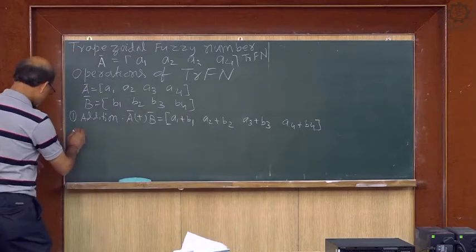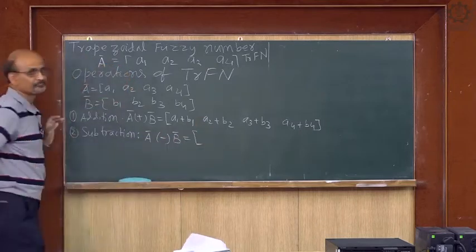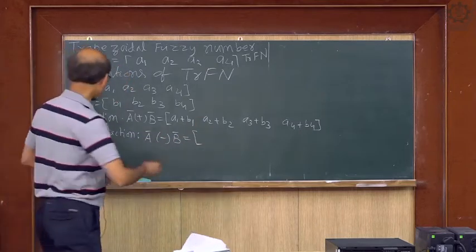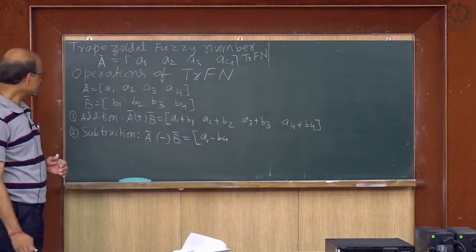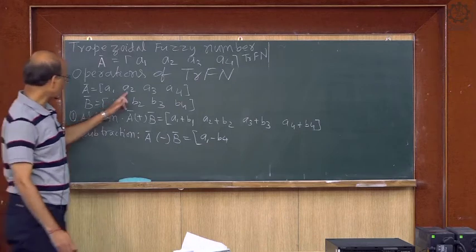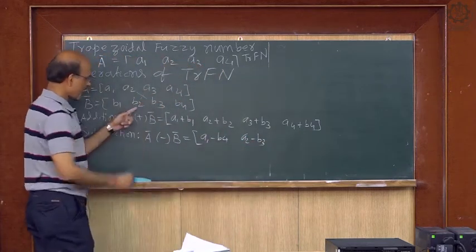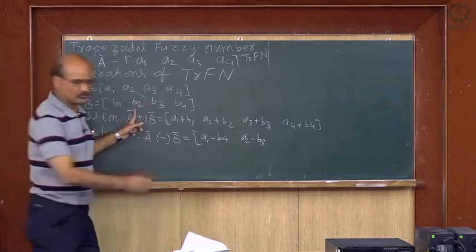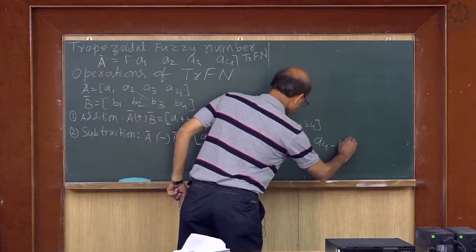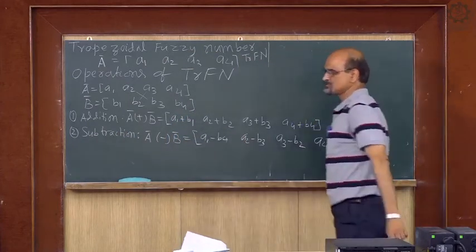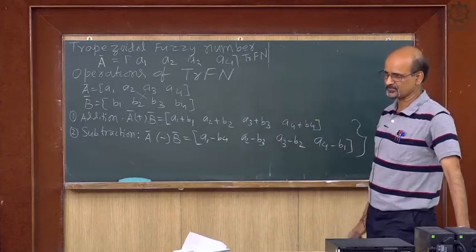Now, what about the subtraction? A1 minus B4, then A2 minus B3 and A3 minus B2 and lastly A4 minus B1. These are the rules for addition and subtraction, no problem for addition and subtraction.